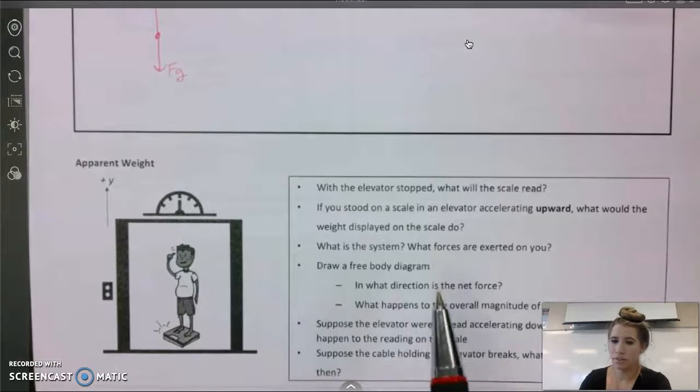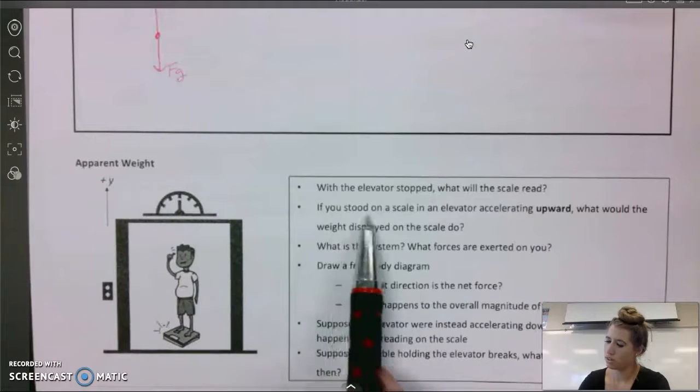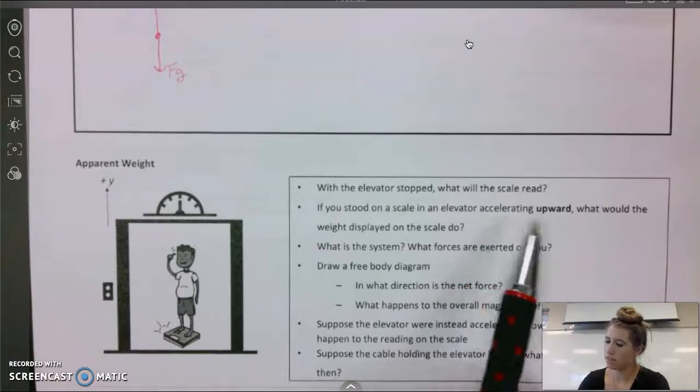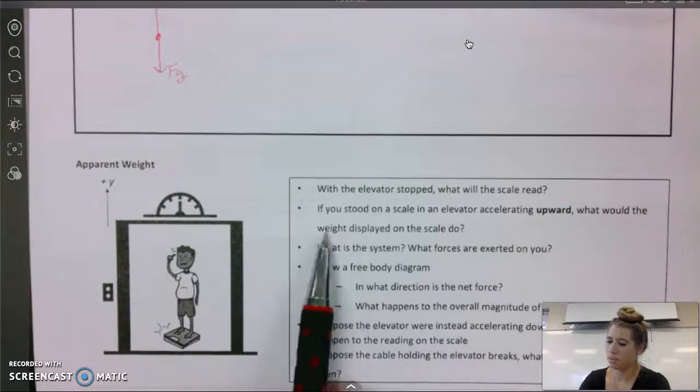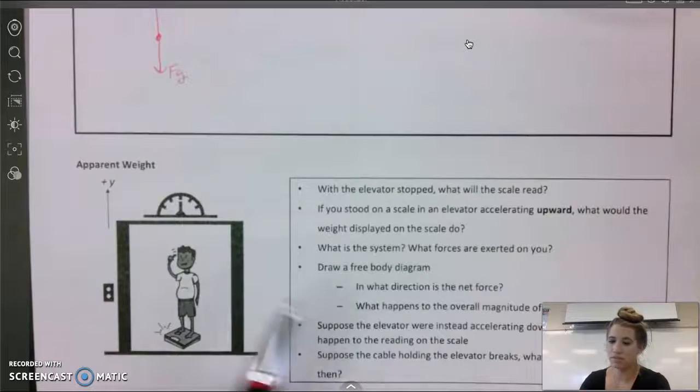So with the elevator stopped, what will the scale read? Well, the scale will read your weight, okay? Because it's programmed based off of the acceleration due to gravity of Earth. Okay, so you stood on the scale in the elevator, accelerating upward. What would be the weight displayed on the scale?